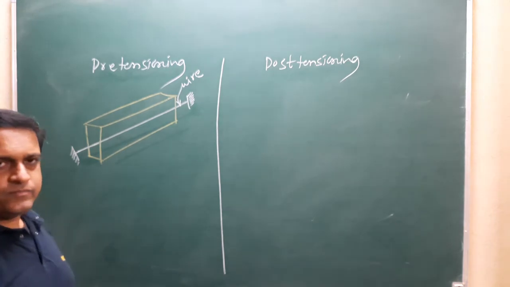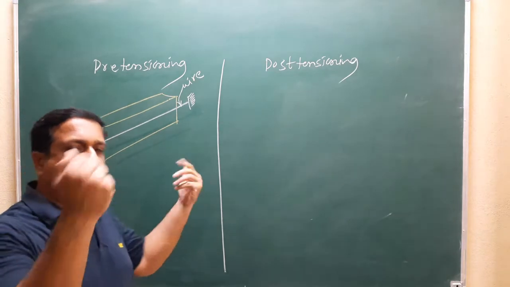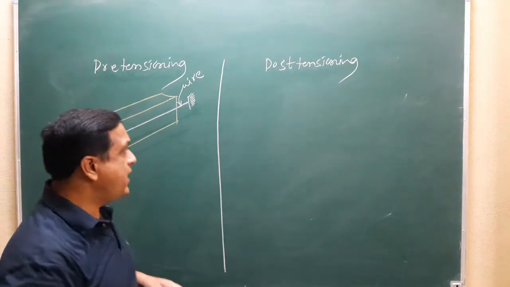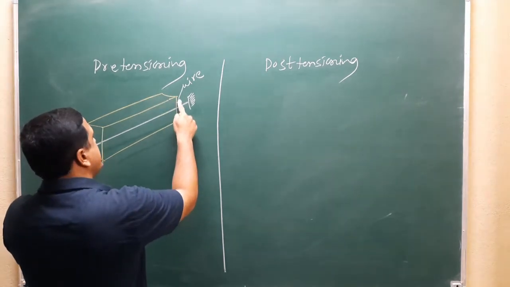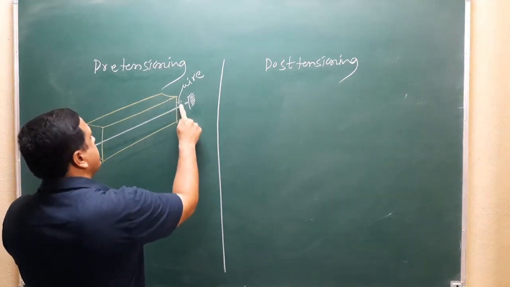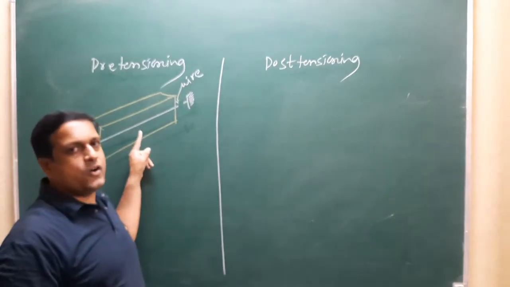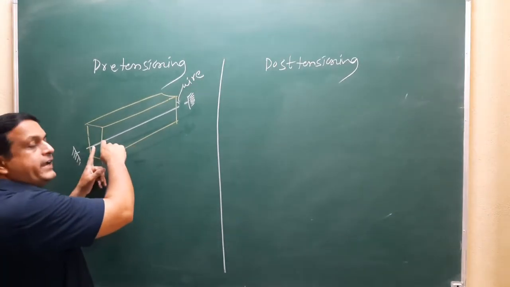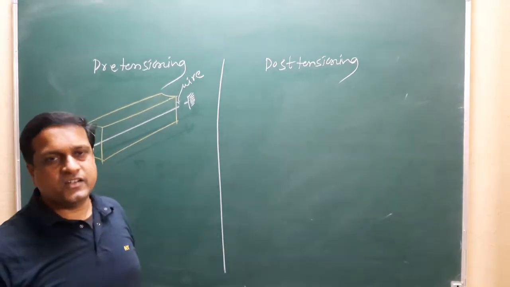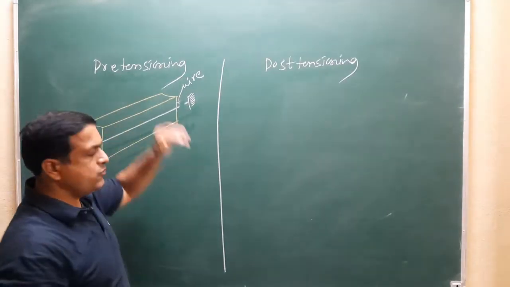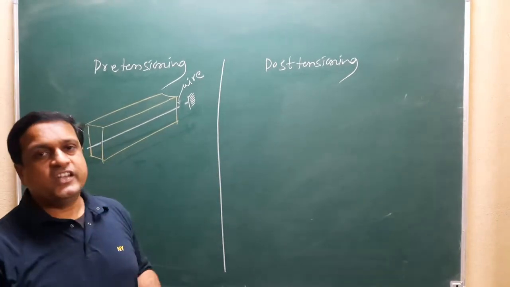You also call it cable. Okay. First stretch the wire, and then you have to put the concrete. And after that, after the hardening of the concrete, you cut the wire. Okay. Like this. If you cut the wire, due to this stretchness of the wire, the beam gets bent in hogging manner due to those internal stresses, and due to the external force, the beam gets bent in sagging manner. So this is the pre-tensioning.